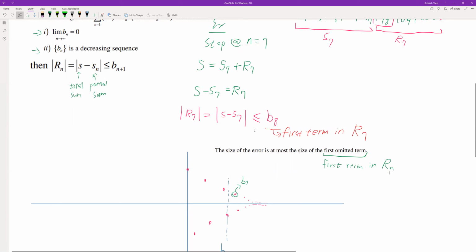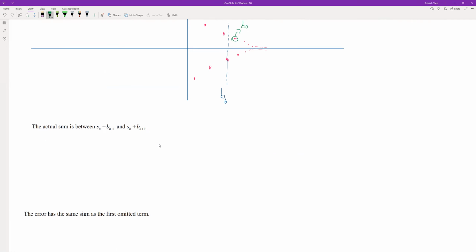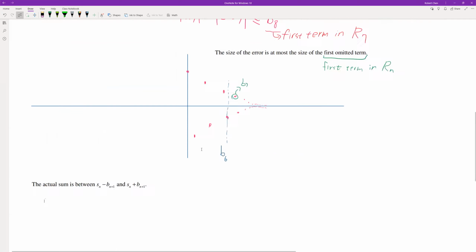All right, and there are a few more things that we can say about this. The actual sum is between the partial sum minus the first term of Rn and the partial sum plus the first term of Rn, right? We can show this pretty easily. Let's just take the example from earlier.